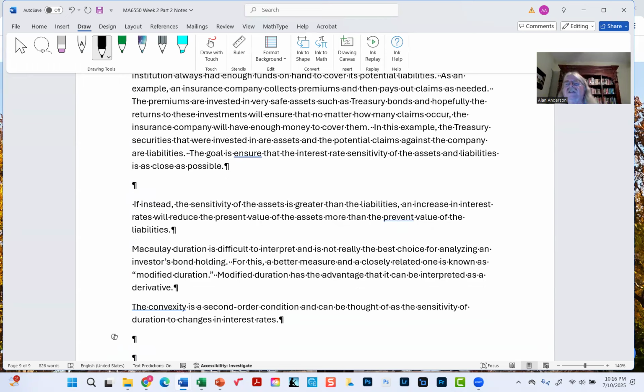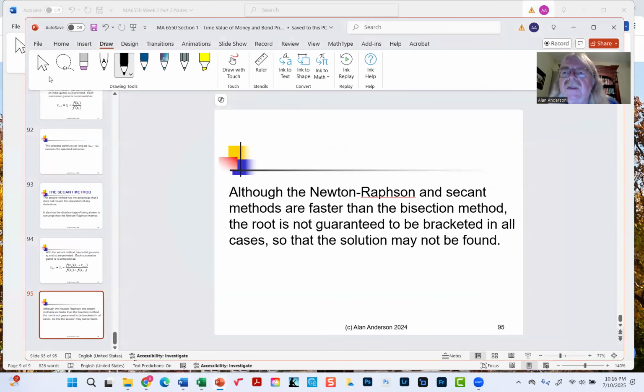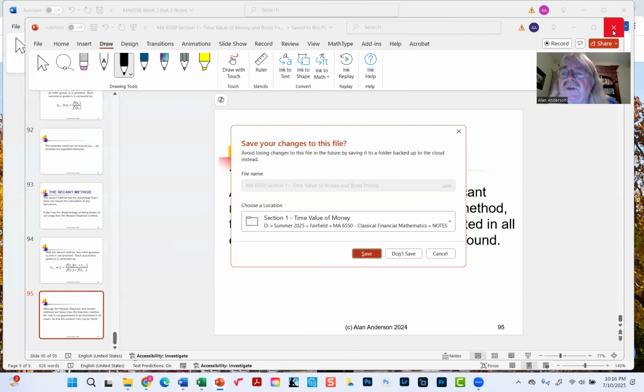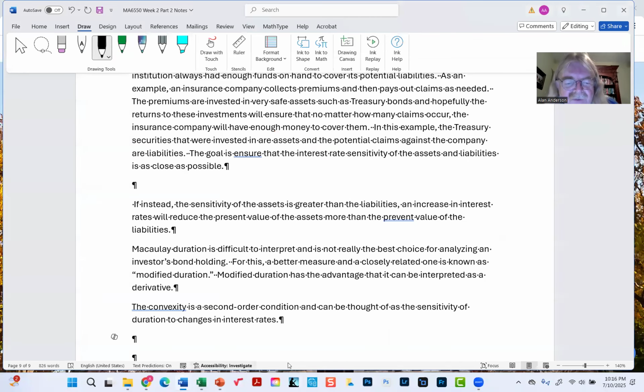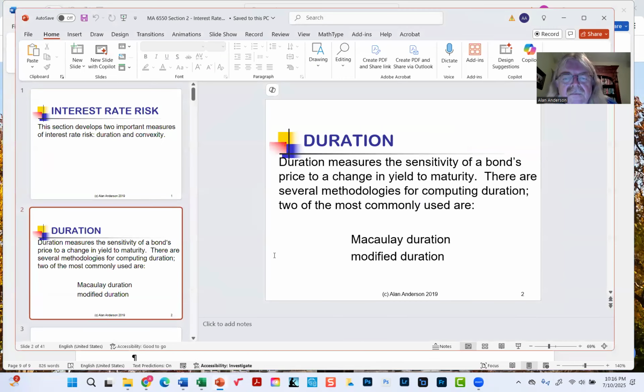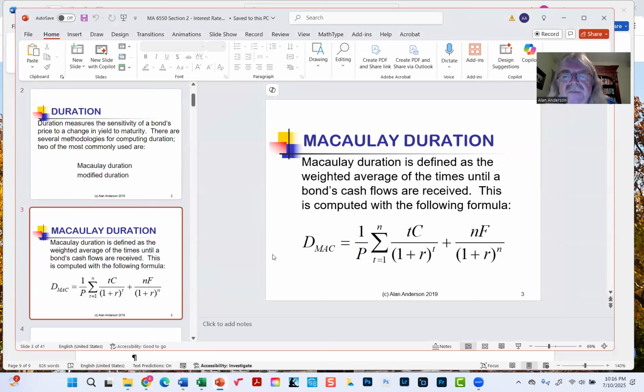A lot of this is going to sound very abstract until we actually do some examples. And when we do start using examples, we're going to have to do these in Excel because otherwise it'll take forever. But you can see the Macaulay duration is kind of an interesting idea.